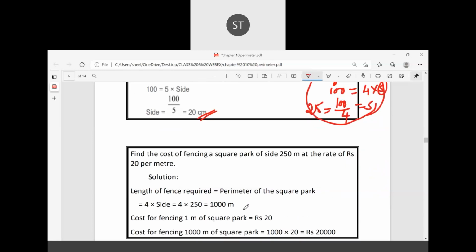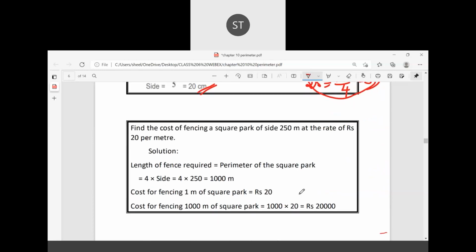Next. Find the cost of fencing a square park of side 250 meter at the rate of rupees 20 per meter only. So cost of fencing a square park. First, for the cost of fencing, what should we calculate? We should calculate the perimeter only. So the length of the fence required means perimeter. Perimeter, what is the formula? Because the shape is a square, it is 4 into side.